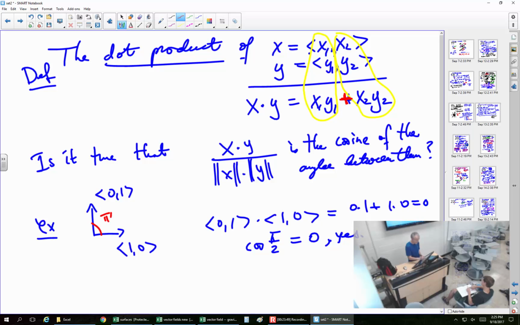This is my pi over 2. So 90 degrees will always give us, we are not getting the angle itself, we're getting cosine, which is almost as good, except for the problem that we might be facing, going either clockwise or counterclockwise.